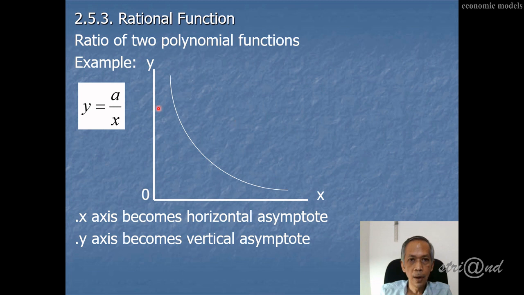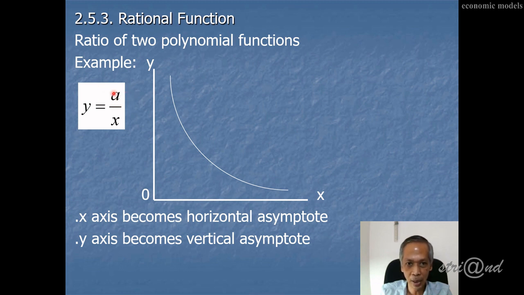The next function discussed in this slide is the rational function. A rational function is a ratio of two polynomial functions. For example, this is a very simple example of a rational function. It is a ratio of a and x. Remember that if the degree of a polynomial function is 0, we're going to have a constant like this one.